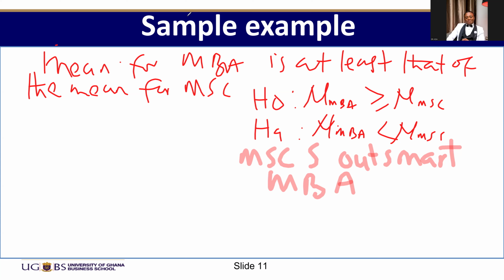We are talking about the average scores. And when you look at it, it's clear in the alternative that the MBA average score is tiny compared to that of the MSc, which means that the MScs are smarter, they are brainy, they are sharp. So whenever you are trying to interpret the null or alternative hypothesis, don't use is greater than, is less than to talk. Don't use that statistical English.